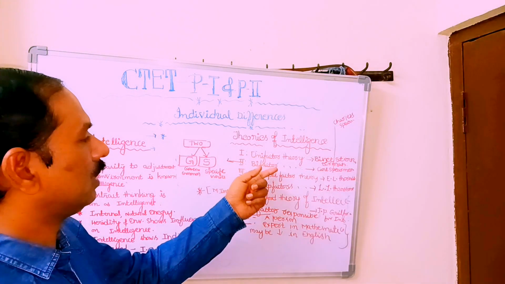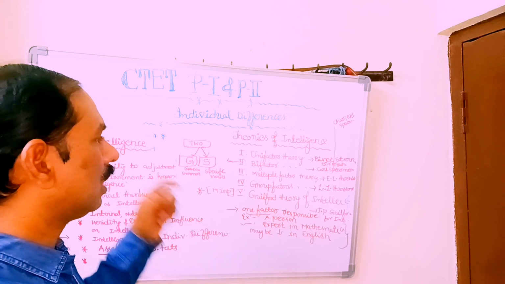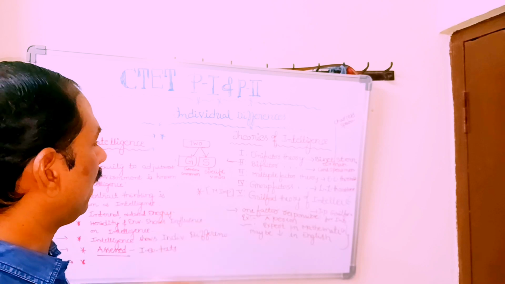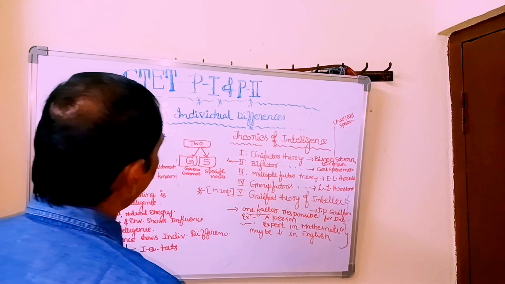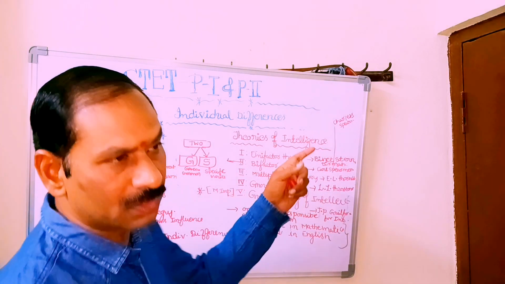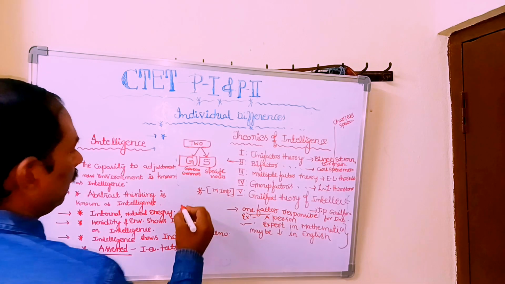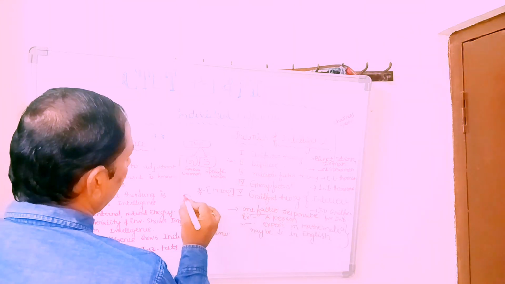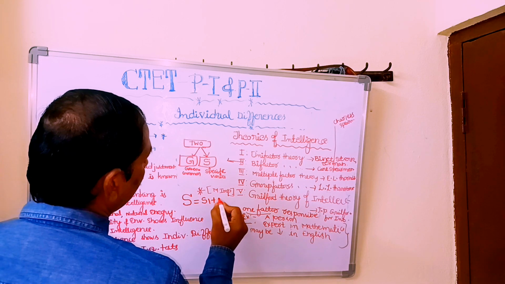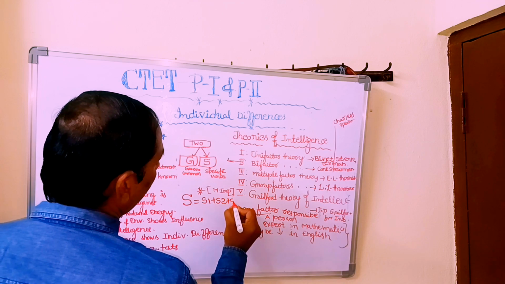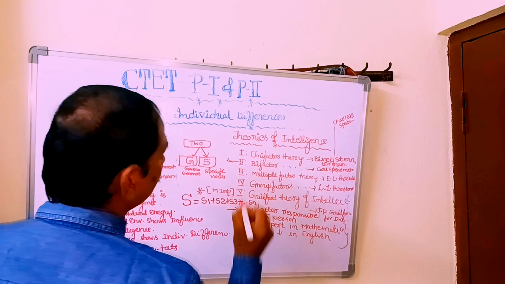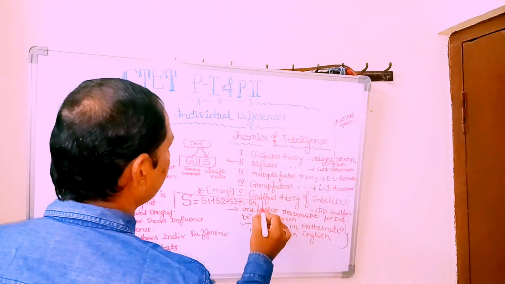So according to the bifactor theory of intelligence, two factors are responsible for human intelligence, that is the G factor and the S factor. This theory was introduced by Carl Spearman or Charles Spearman, and according to him, S, the specific factor, is equal to S1 plus S2 plus S3 and so on up to Sn.